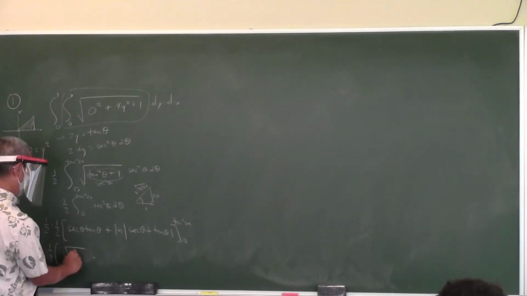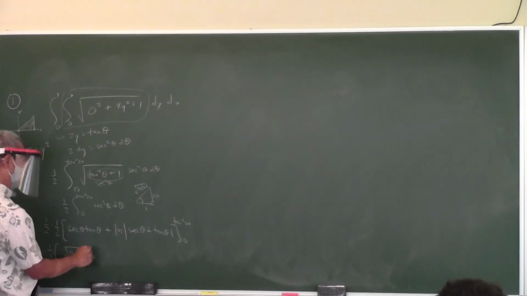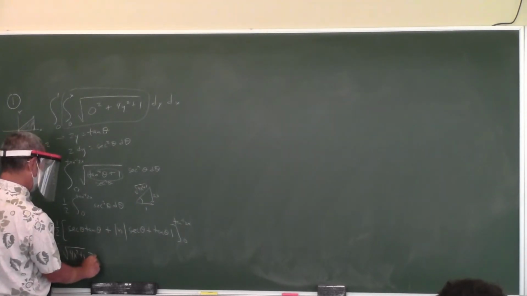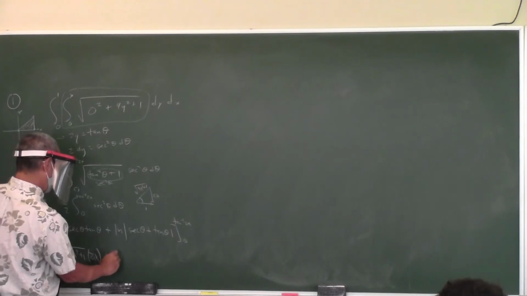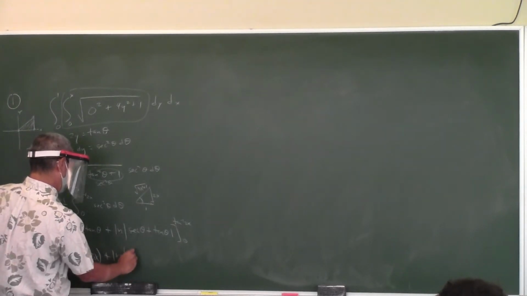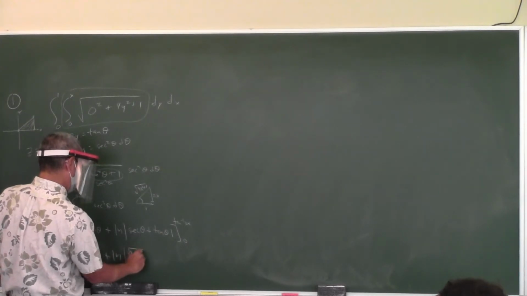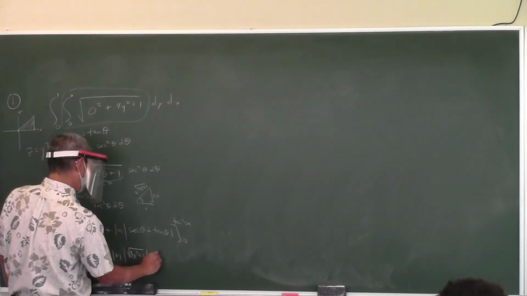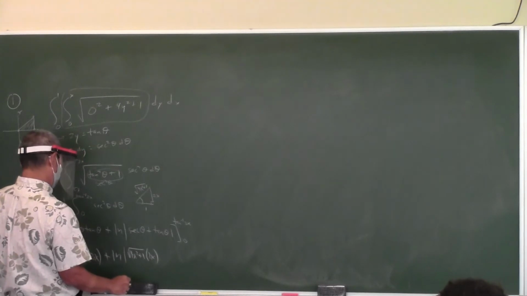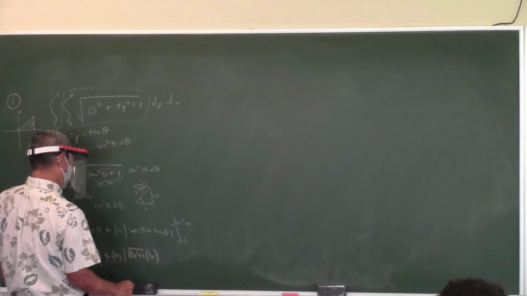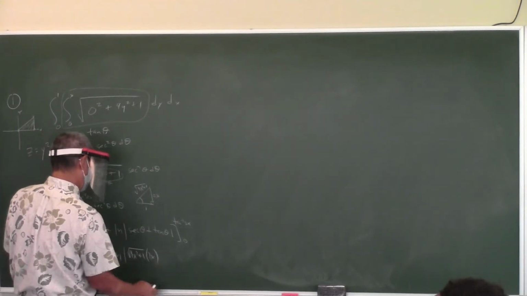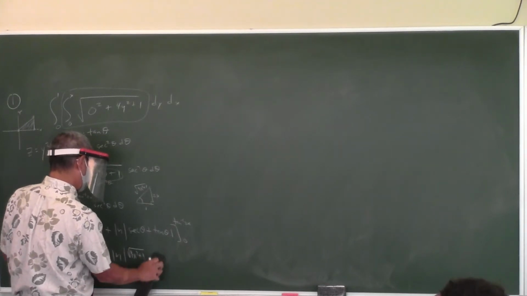So root 4x squared plus 1. Tan of tan inverse 2x is simply 2x. Plus natural log of, secant again is root 4x squared plus 1, plus 2x.